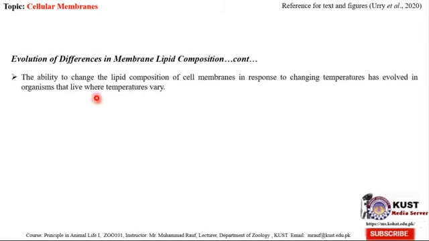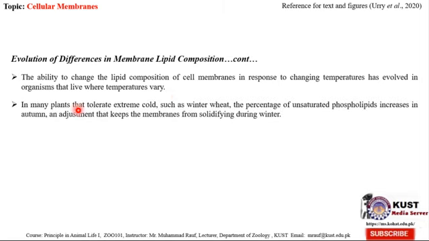So the ability to change the lipid composition of the cell membrane in response to changing temperature has evolved in organisms that live where temperature varies. So now there is yet another condition, the organisms which are living in areas where there are fluctuations in temperature, so their plasma membrane is supplied with components which can cope with those changes.